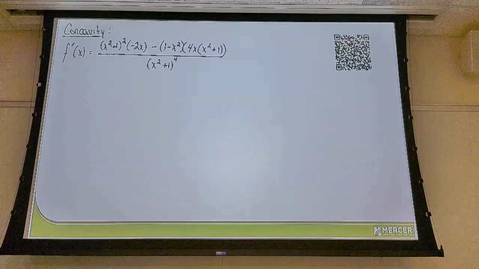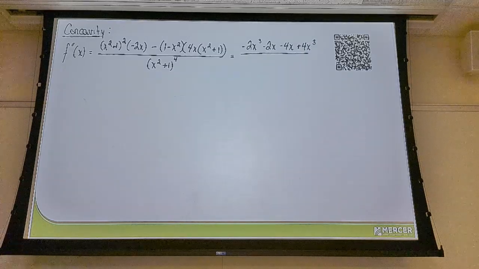Now simplify. Factor out x squared plus 1 and then distribute.